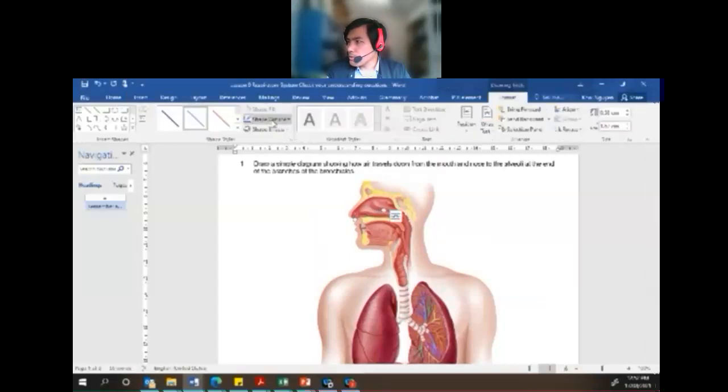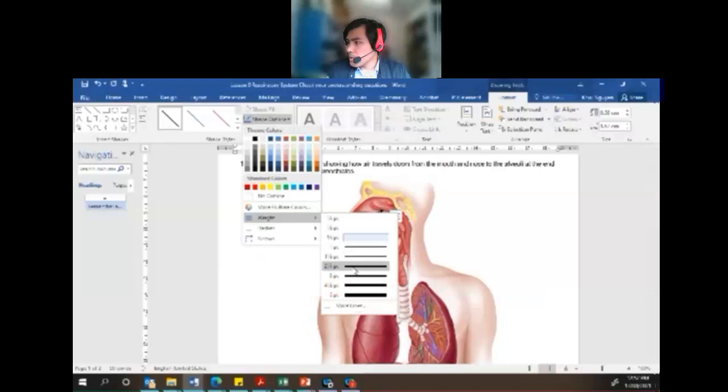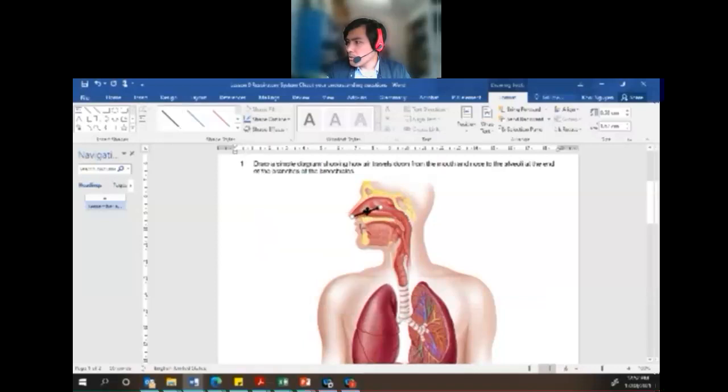I'm going to use a different color here. Maybe black would do. So air goes into the nose. Just going to copy and paste a few more arrows. So it goes into the nose, into the throat.